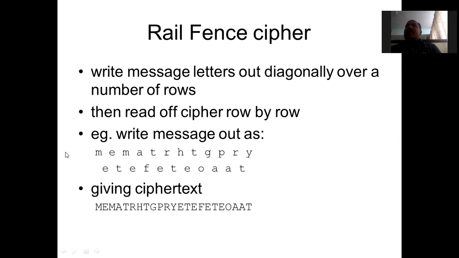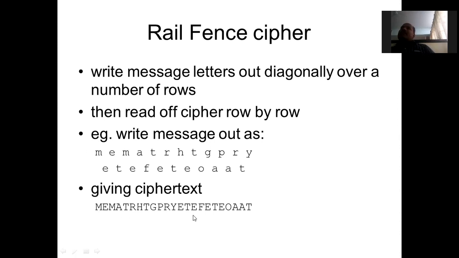The cipher text is obtained by reading the diagonal row-wise. The first row is MEMATRHTGPRY, and the second row is ETEFETEOAAT. This is the encryption we have done at the sender side, and we have got the cipher text. Now, what about the decryption process? Along with the cipher text, we have the Rail Fence depth, which is 2 here.